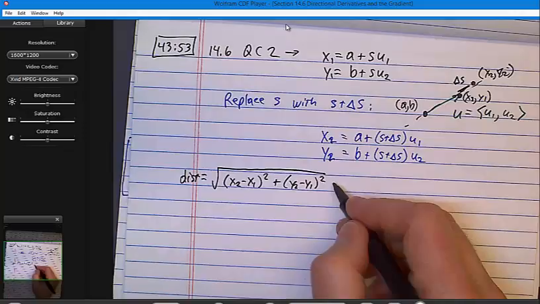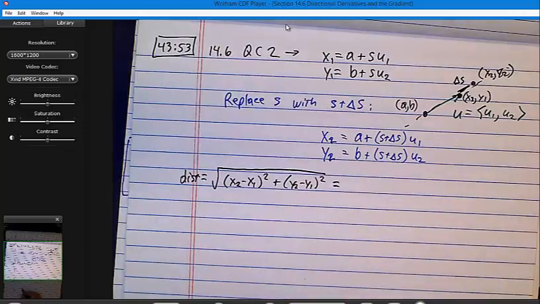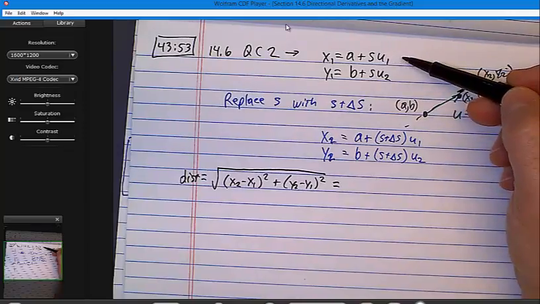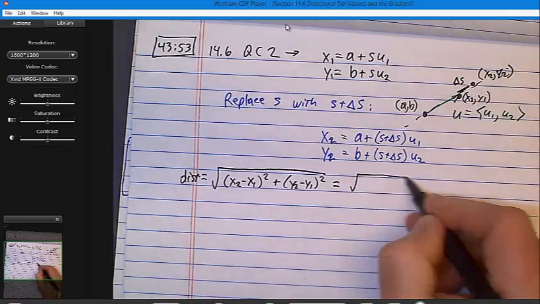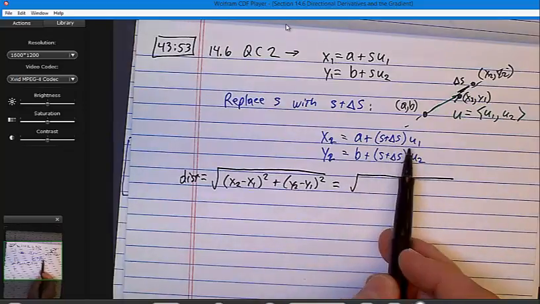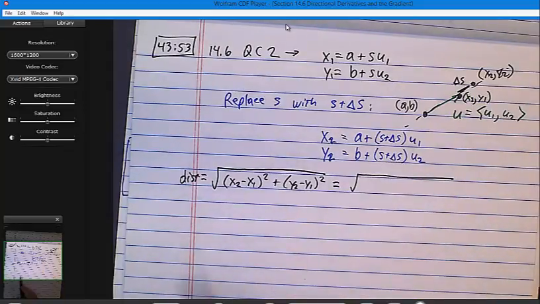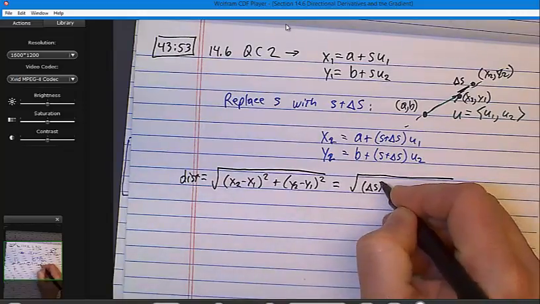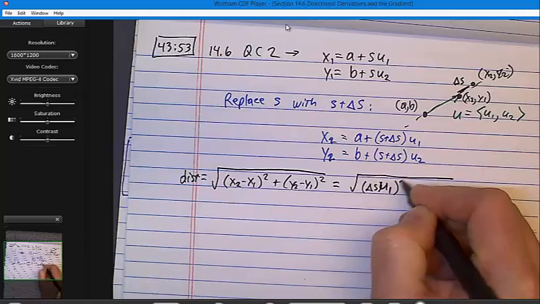So what do we get? We get, well, when you take X2 and subtract X1, I guess the only thing left is delta SU1, because the SU1 drops out, the A's drop out. So I have delta SU1, that's being squared.